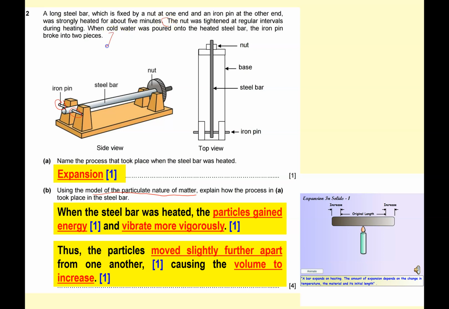The nut was tightened at regular intervals during heating. So this steel bar had expanded and the nut was tightened regularly. Then cold water was poured onto the heated steel bar.